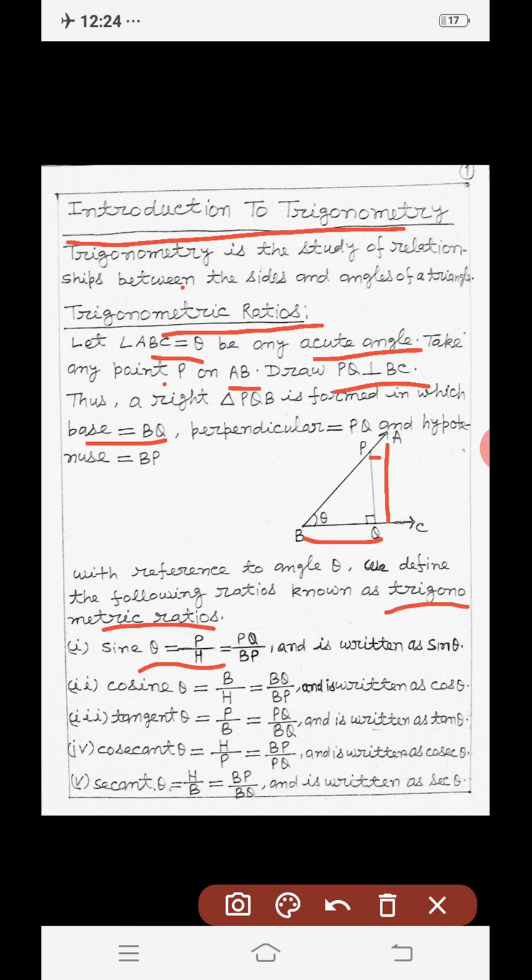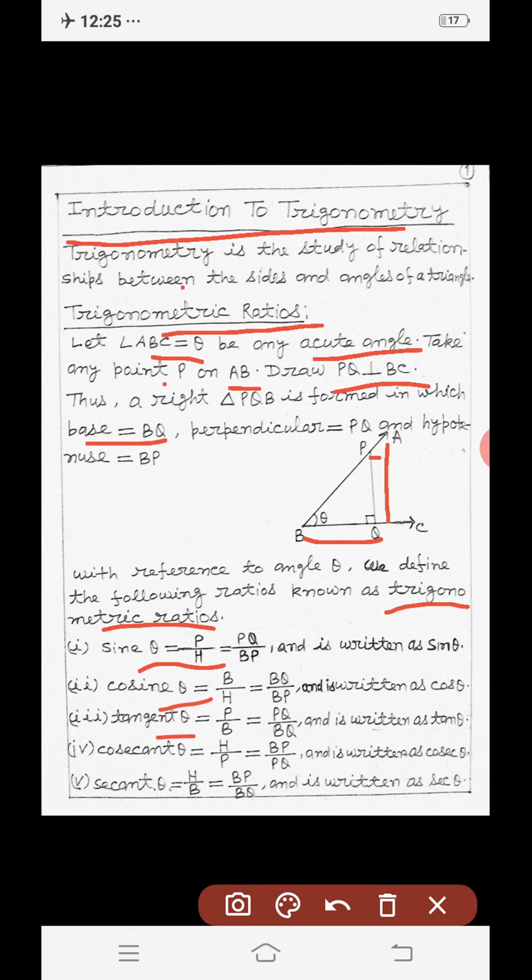Cosine theta equal to base by hypotenuse. This is equal to BQ by BP and is written as cos theta. Third, tangent theta is equal to perpendicular by base.